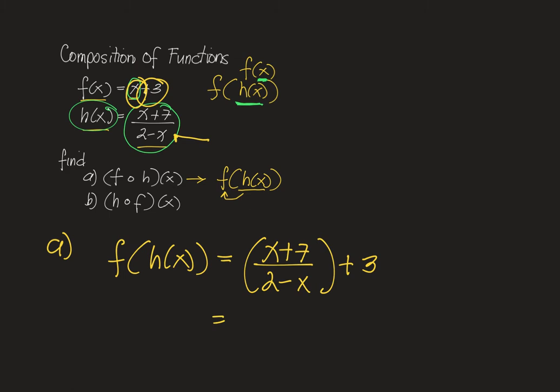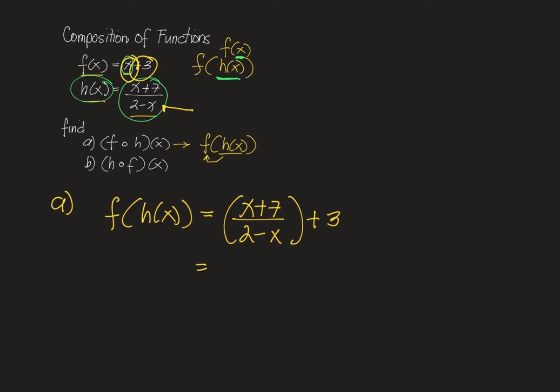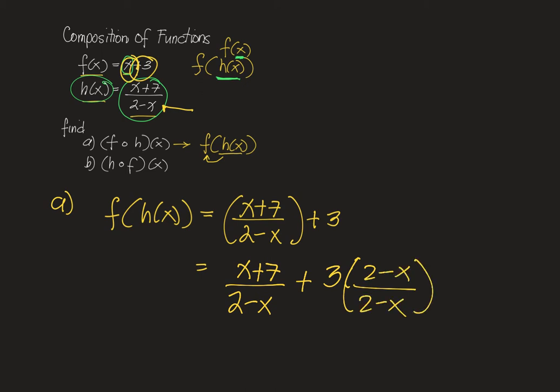Now, I'm going to teach you how to easily combine a fraction with a number. Take note that the fraction has a denominator of 2 minus x. So with x plus 7 over 2 minus x, this will be the trick. With the 3, you create a 2 minus x over 2 minus x so that you will have fractions with the same denominator. Why is this allowed? Why can we place 2 minus x over 2 minus x?